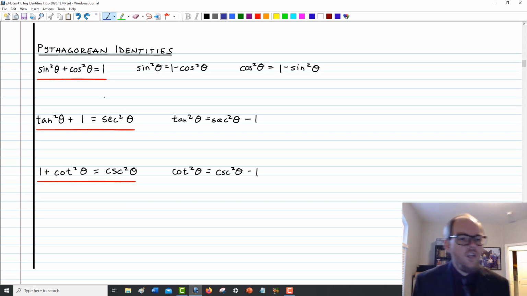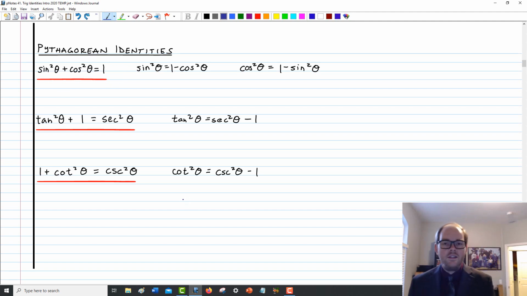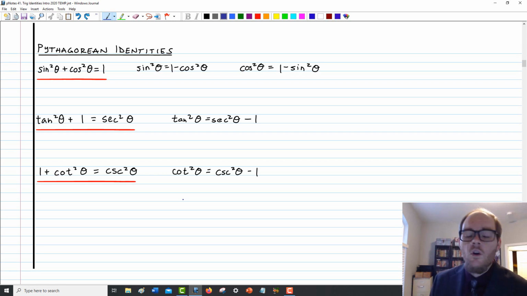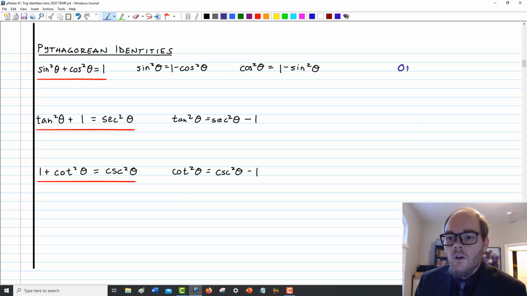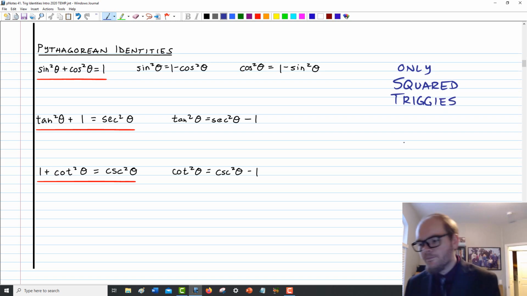You can't change this first one to sine plus cosine equals 1 because it won't work that way at all. So make sure that you don't fall into that trap. This only works for squares. So only squared versions. I'll call them only squared trigs. Triggies. That's a fun one. Trig functions. We'll call them triggies.